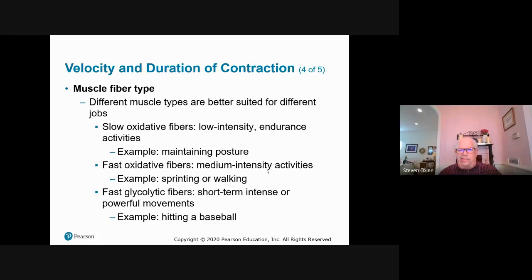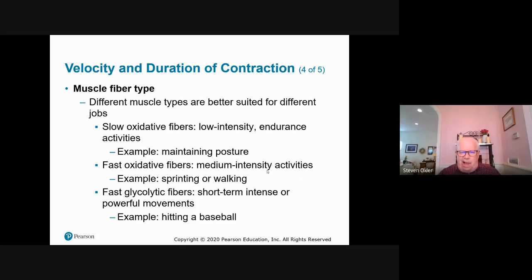Different muscle types are better suited for different jobs. Slow oxidative fibers maintain your posture. Fast oxidative fibers allow you to walk or run. Fast glycolytic fibers are basically short-term and powerful movements.